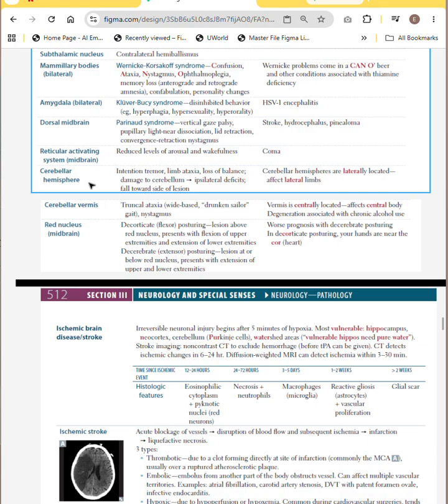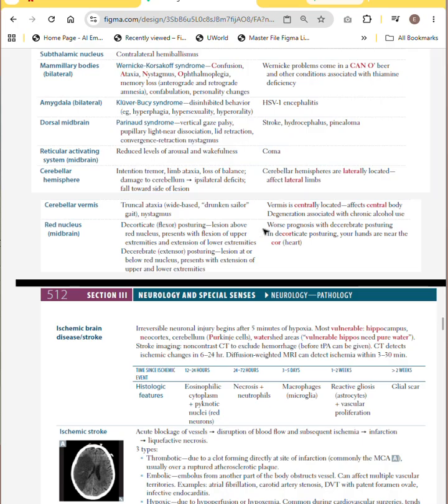The patient falls towards the lesion. Why toward the lesion? Because the same side is being affected, right? Cerebellar hemispheres are laterally located. They affect lateral limbs. Cerebellum talks to the opposite cerebrum, and then motor pathways cross again. So two crossings means the deficit ends up being ipsilateral, right? That's what I want you to remember.